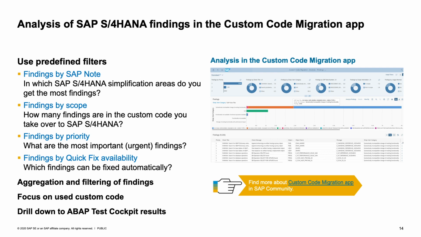For example, you can focus only on the custom code which will go to SAP S/4HANA, or you can display only the findings for which automated quick fixes for the automated custom code adaptation are not available, and so on. And now it's time for the first demo.